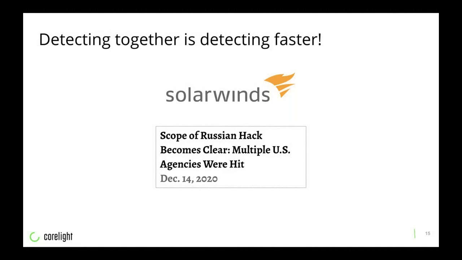There were other organizations that didn't have these that were reliant on what I would consider proprietary closed NDR systems, who it took a few days, and it was a tense few days. And even worse off were organizations that hadn't done anything about NDR and were struggling to even understand in those first 24, 48 hours, do we even use the Orion platform in our environment?